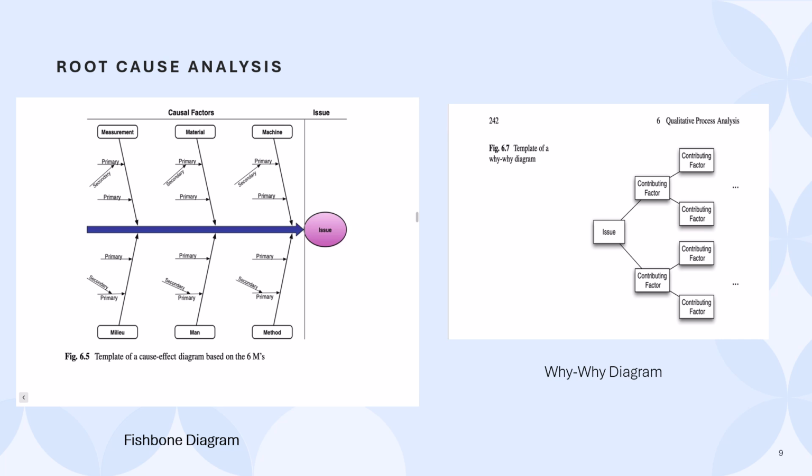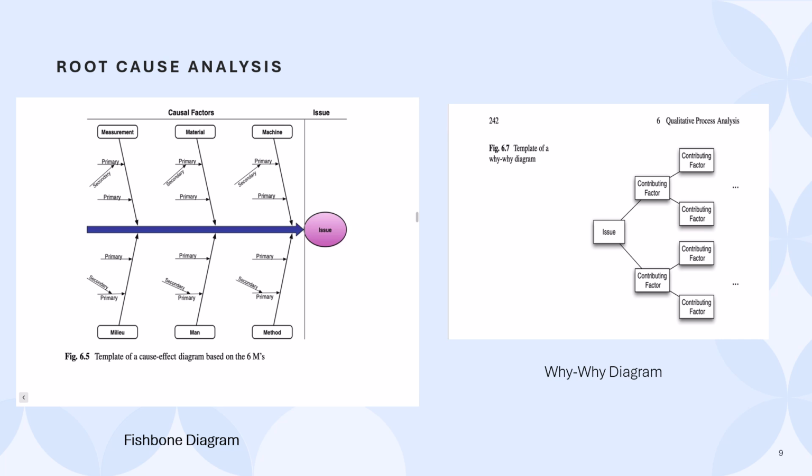Common categories include the 6 M's, which are man, machine, method, material, milieu, measurement, etc. By walking through each category, teams can identify all contributing factors in a structured way without jumping to conclusions.